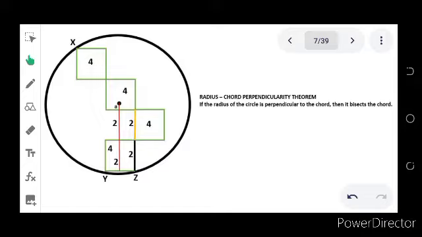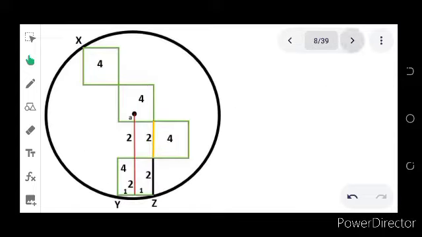Since this radius, marked in red, intersects chord YZ perpendicularly, it bisects YZ, meaning it divides the measure of YZ into 2 equal smaller measures. Since YZ is a side of a square measuring 2 units, and it is bisected, each small segment will have a measure of 1 unit.